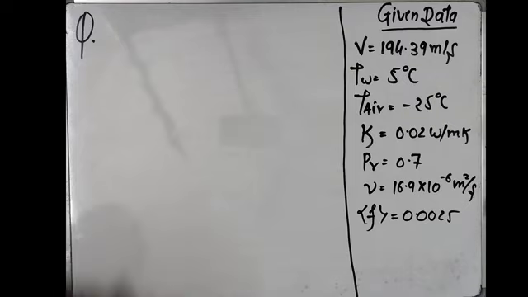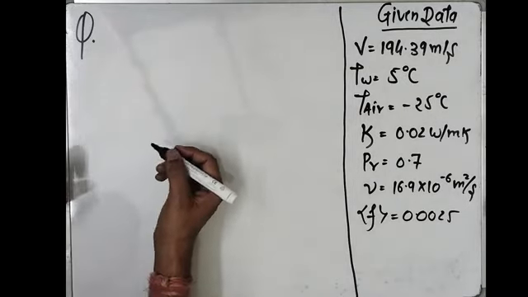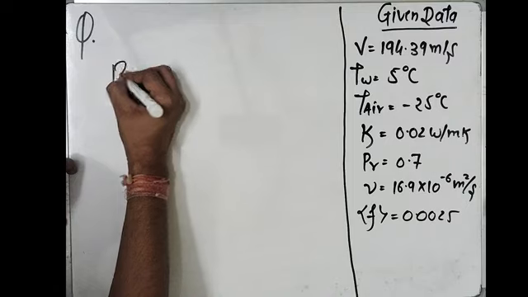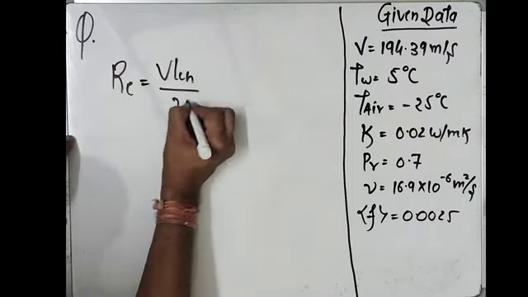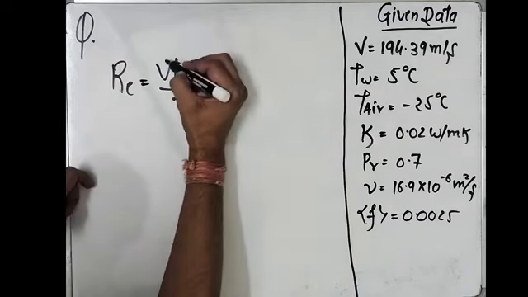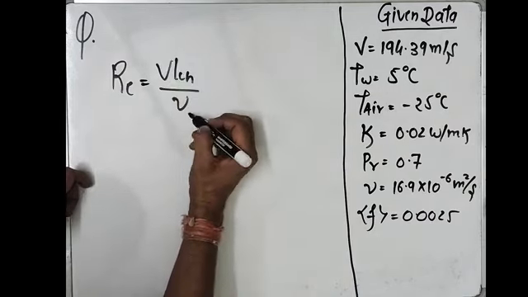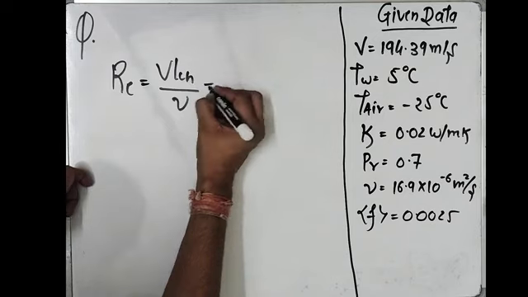First of all, we will find the Reynolds number as we had found in the previous question. The Reynolds number can be written as V L_c by nu, where V is velocity, nu is kinematic viscosity, and L_c is the characteristic length.